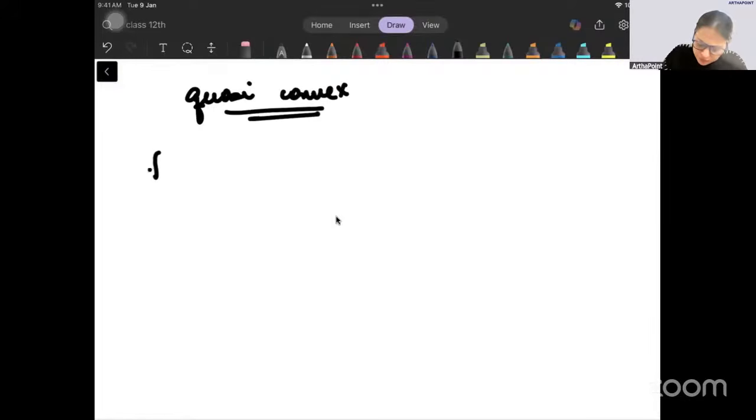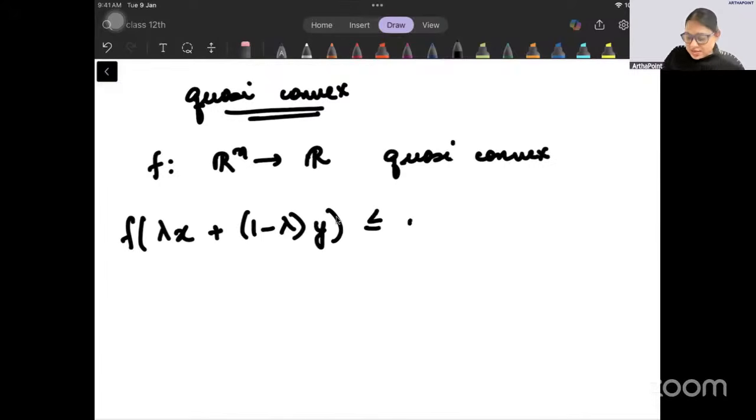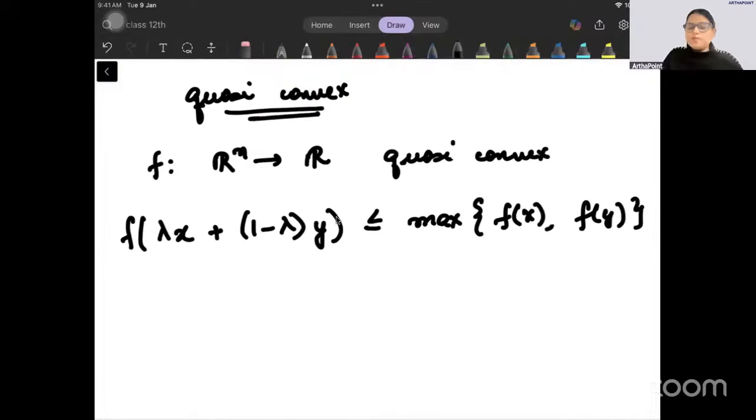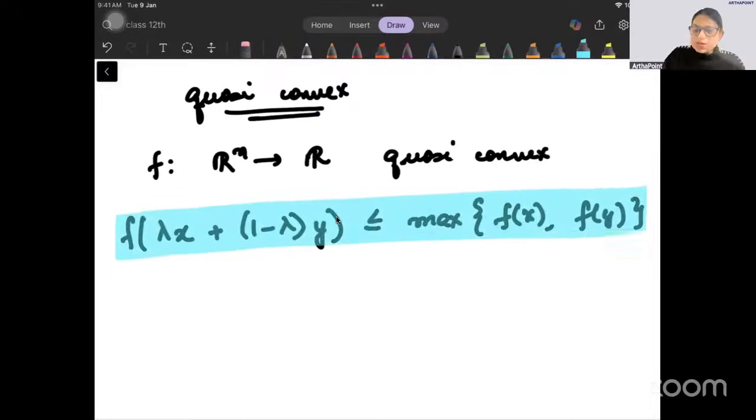It says that any function which goes from Rn to R is quasi-convex if the following property is satisfied: f of lambda x plus 1 minus lambda y is less than or equal to max of f(x), f(y). If this property is satisfied, then the function is called a quasi-convex function.